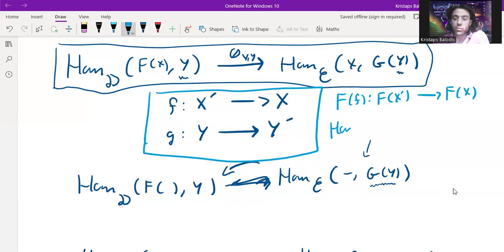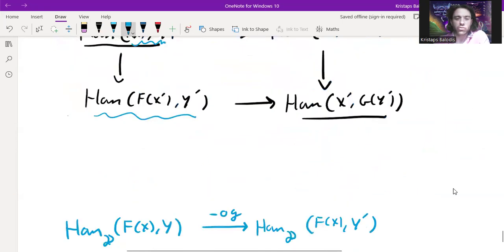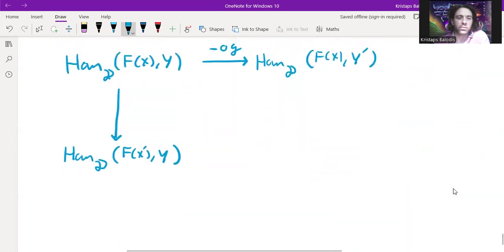So that means when I go Hom F x prime y, the map is now going to go in the other direction. I'm going to get Hom F of x prime, x y, right? And so what's that going to be? That's going to be post-composition with F of f. So I scroll down, and that's what I'm going to put here, post-composition with F of f.